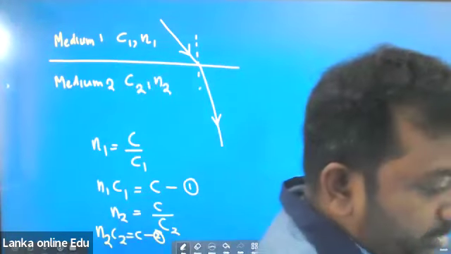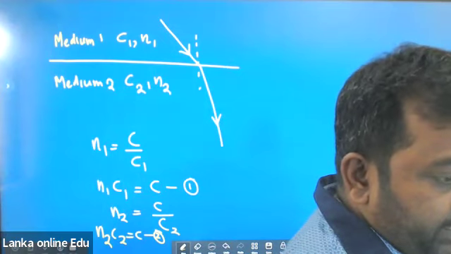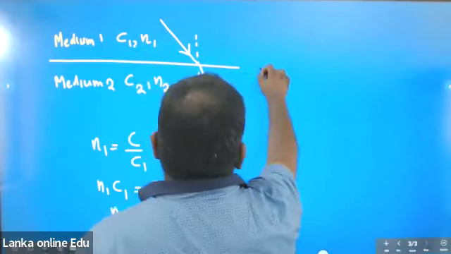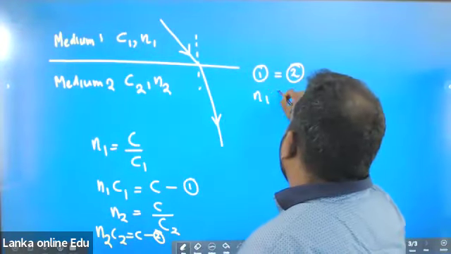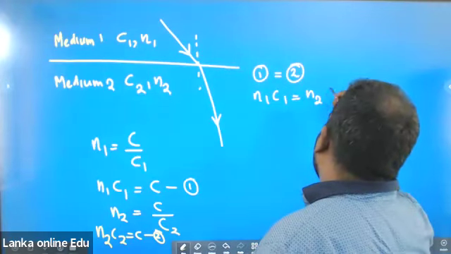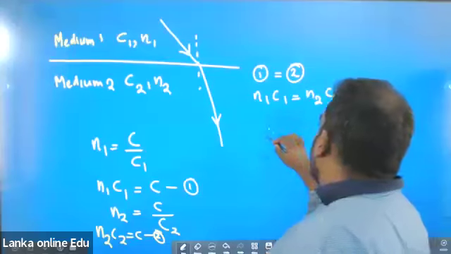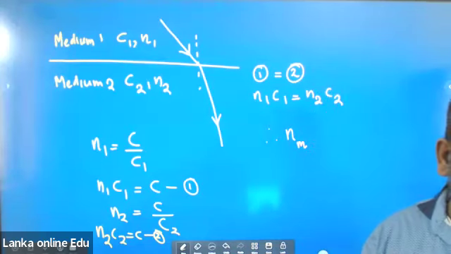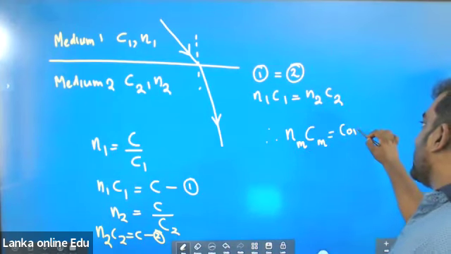Now what can you say about equation 1 and equation 2? Both are the same, so they are equal. Therefore, N1 C1 equals N2 C2. This is like Boyle's law equation. Therefore, the absolute refractive index of the medium times the speed of light in the medium is equal to a constant.